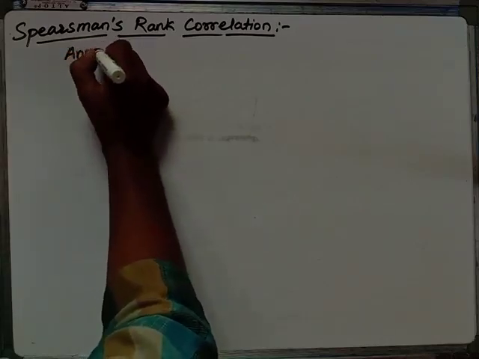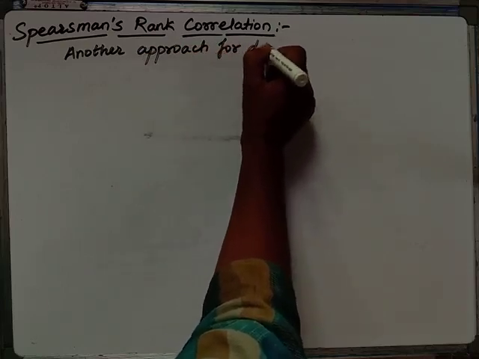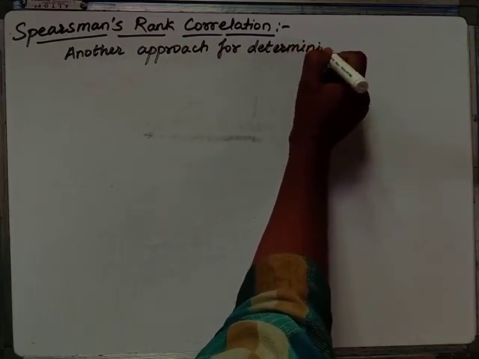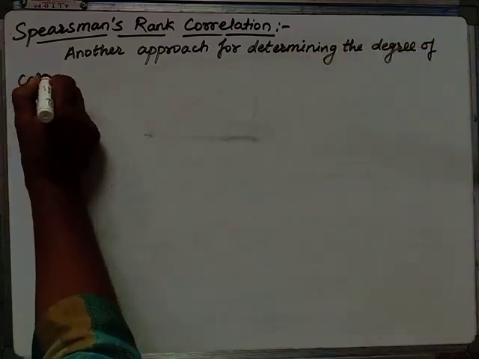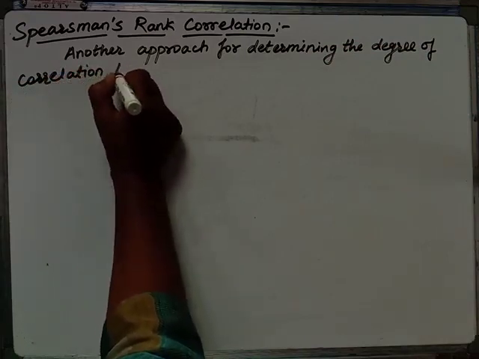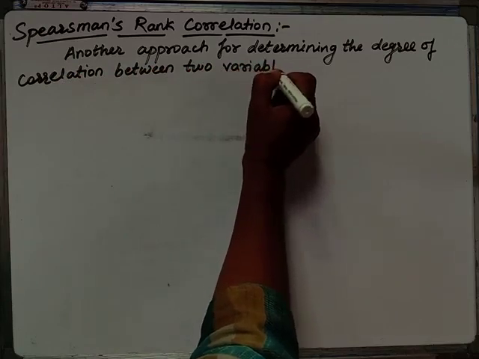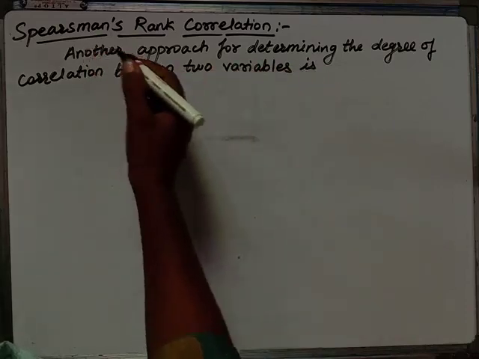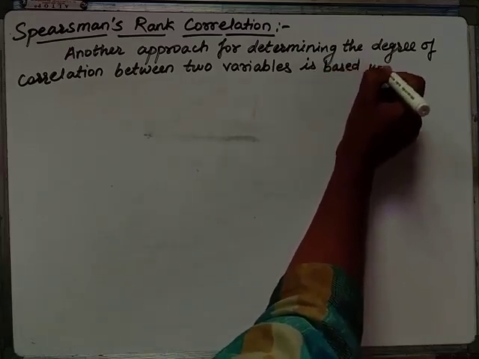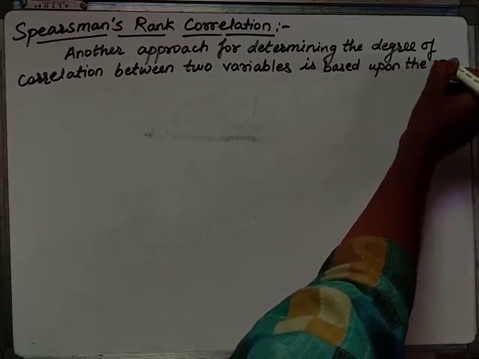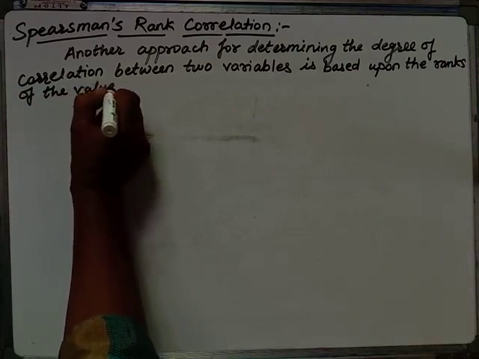Another approach for determining the degree of correlation between two variables is this Spearman's rank correlation, and that is based upon the ranks of the values in each variable.